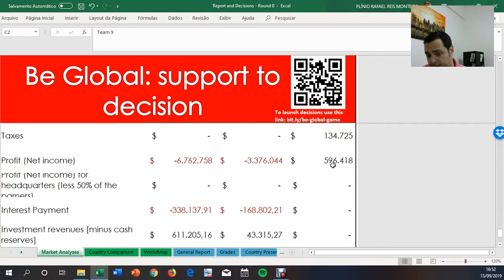So basically, in this scenario, I'm expecting to lose between $6 million and probably $3 million in the first year. And in a very good, optimistic scenario, I may win $600,000.